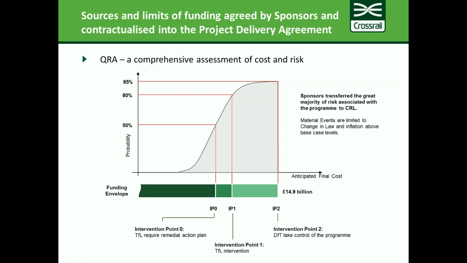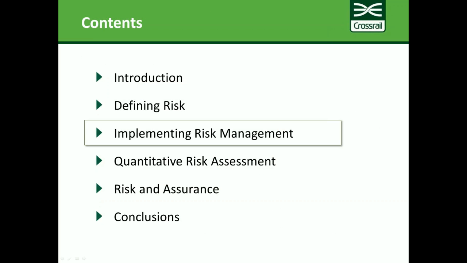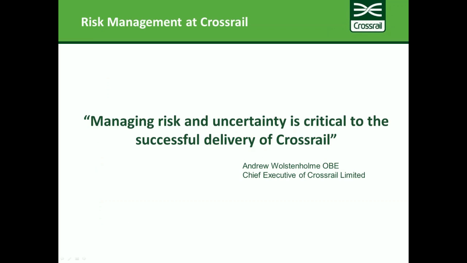So that was the early stage, as I say, in the development stages. My story really starts after that, implementing risk management on the project. And for all the reasons I've described above, I enjoyed tremendous support and tremendous engagement from the top team here at Crossrail, from the executive and the board.